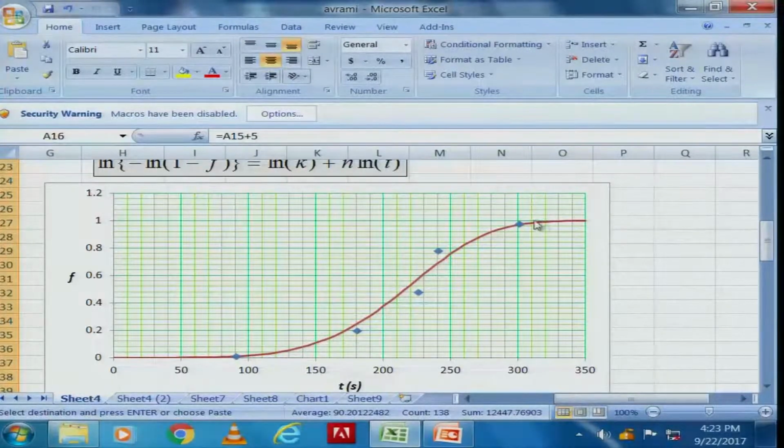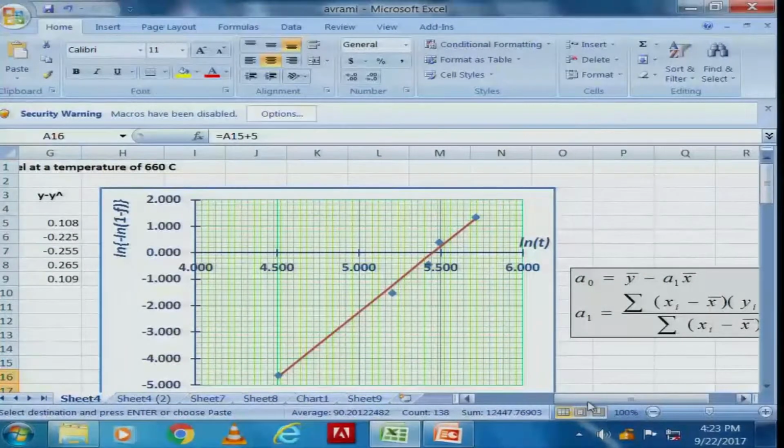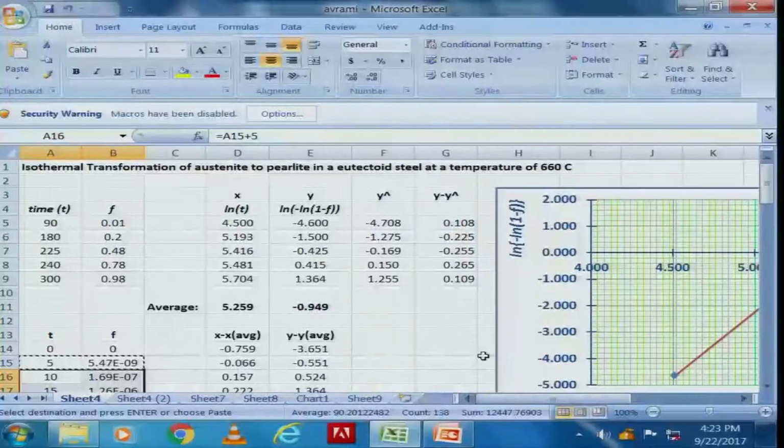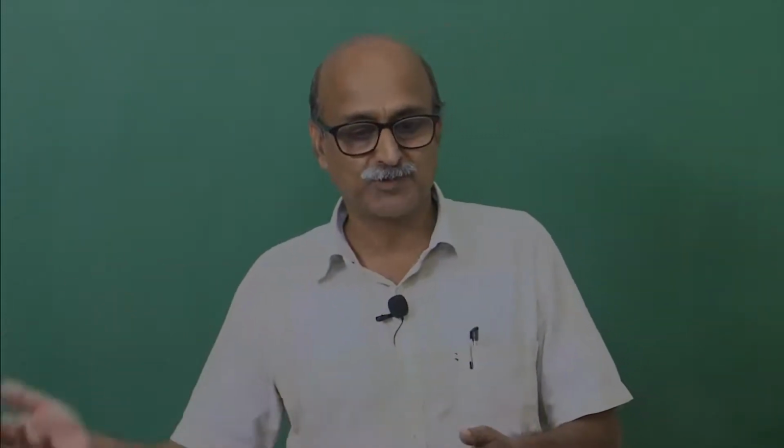Now, with this we have seen how we can verify the Avrami relationship, and we have also seen that this technique of regression can also be used in many other cases where I have to relate maybe some property to heat treatment or maybe some other microstructural parameter to heat treatment and so on.